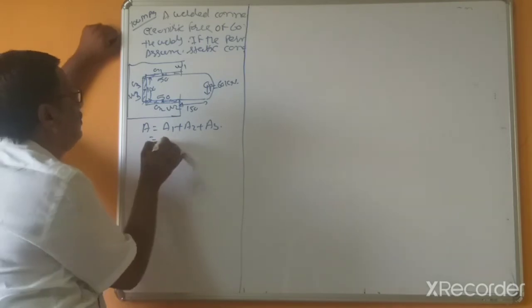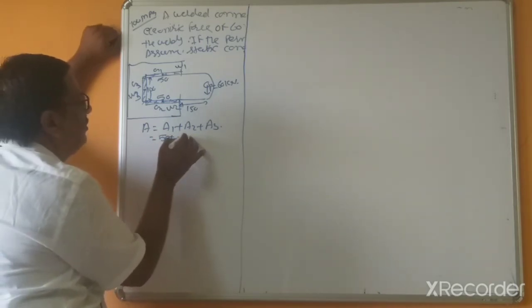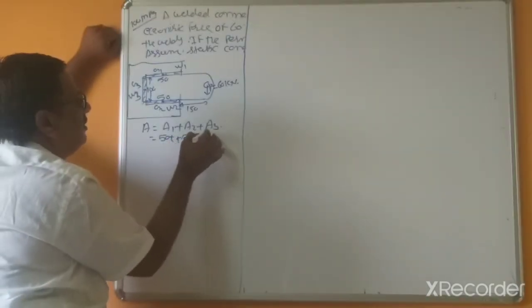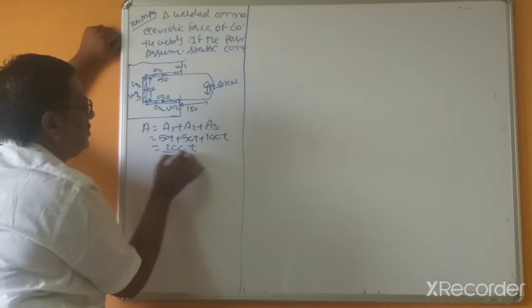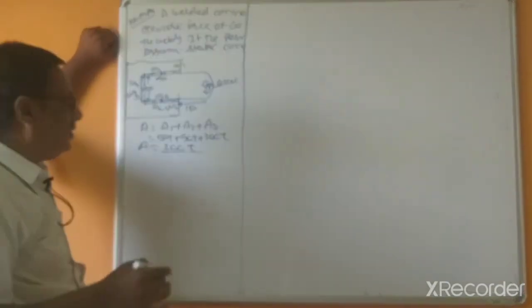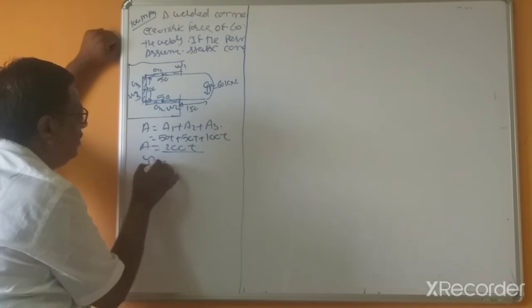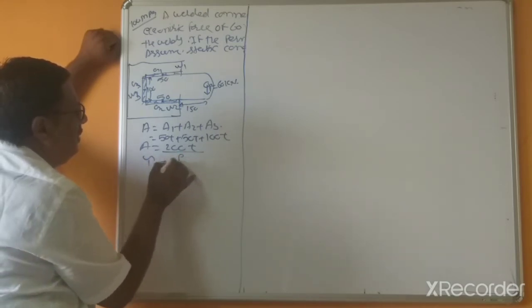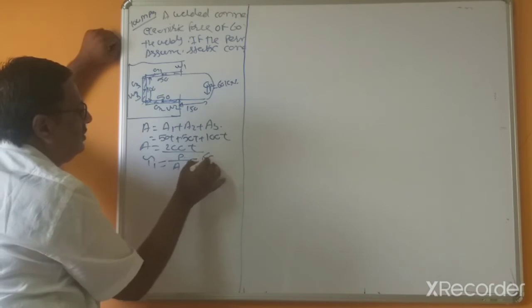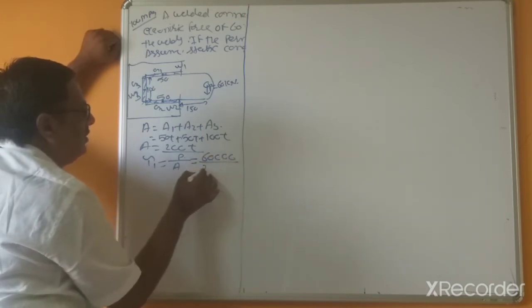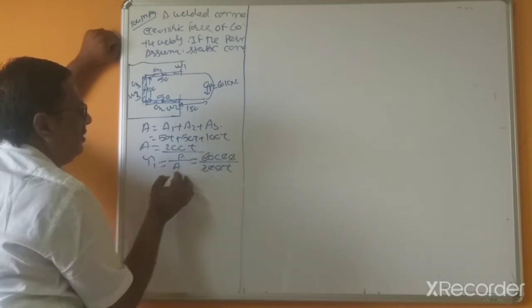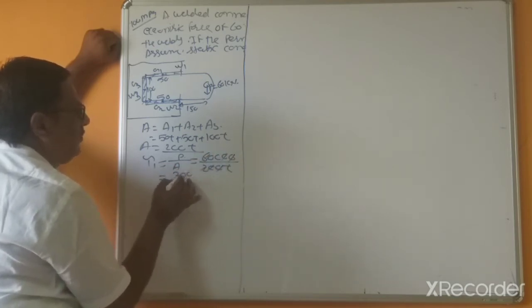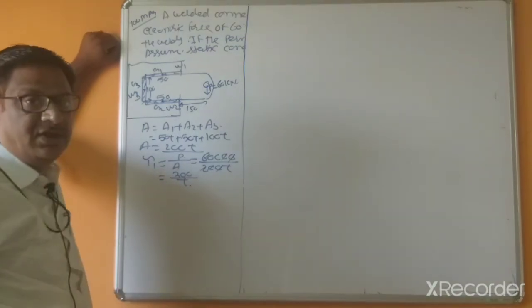So A1 equals 50T, A2 is 50T and this is 100T. That's why this is 200T. Total area, primary shear force equals P divided by A. This is 60,000 divided by 200T. That's why this becomes 300 divided by T.